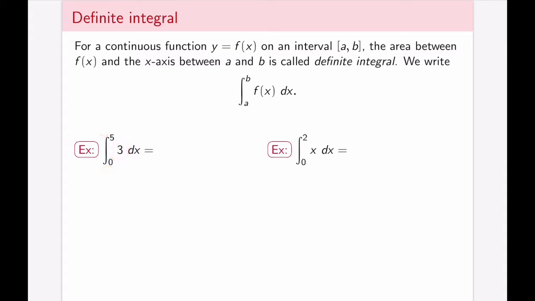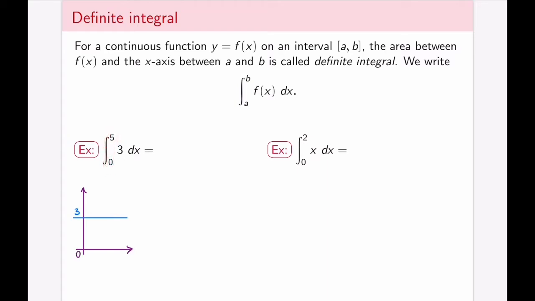So let's sketch this out and see what it is that we're given and whether we can compute this area exactly. So I have my function that is equal to 3. There it is. Let's make it a little more straight. It's supposed to be a straight horizontal line right here at 3. And again, my integral is saying that I would like to calculate the area between the graph of this function and the x-axis between values of 0 and 5.